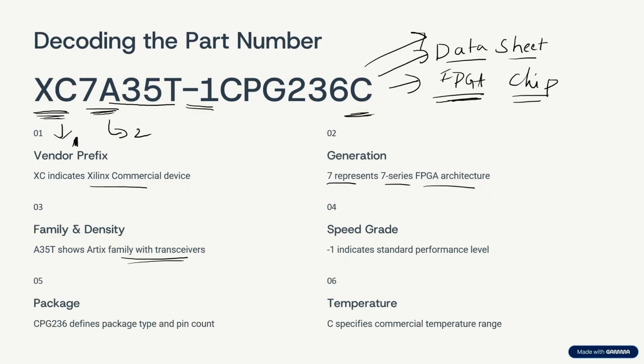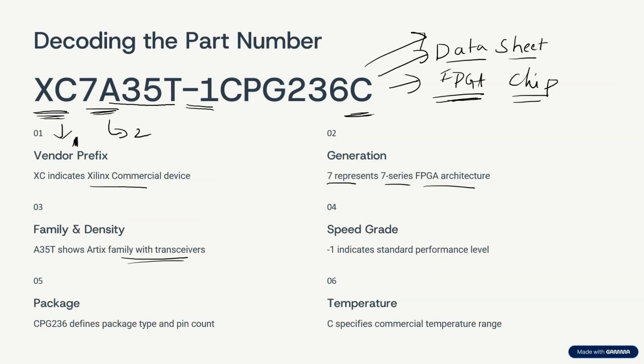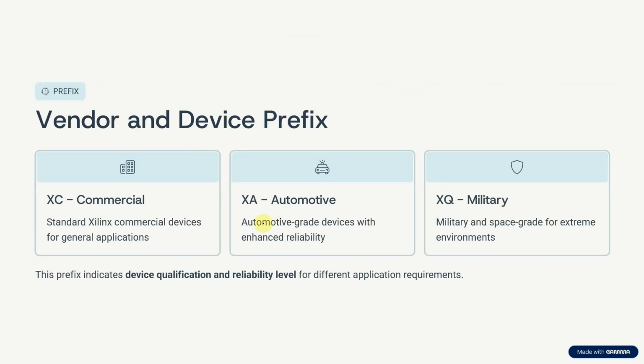This is not mandatory that you need to know this completely. You just need to have an idea of what this part number is basically telling you, right? So in more detail, XC stands for the Xilinx commercial device for general purpose. And you also have something known as XA. If you have XA written in your part number, it is for automotive grade devices with enhanced reliability, right?